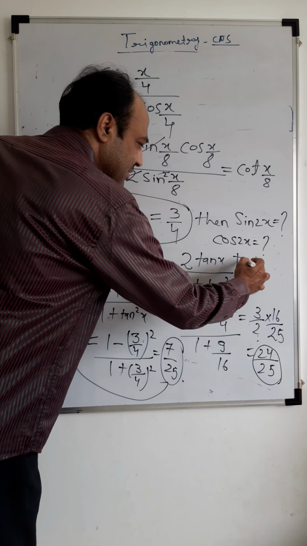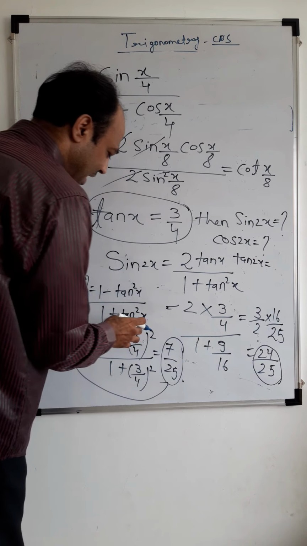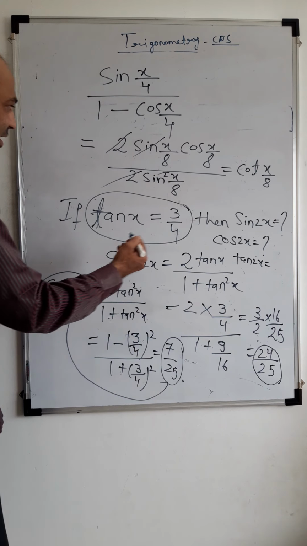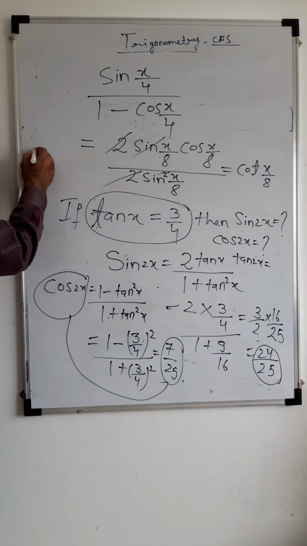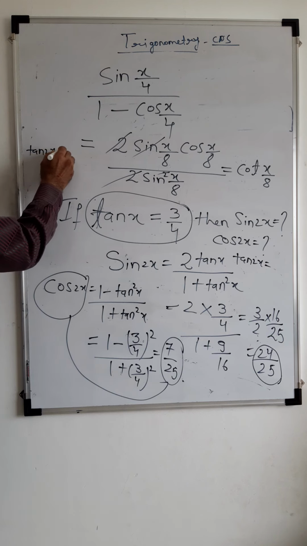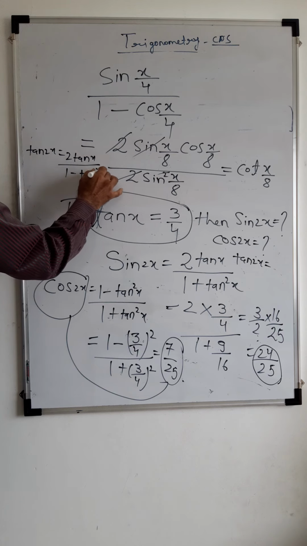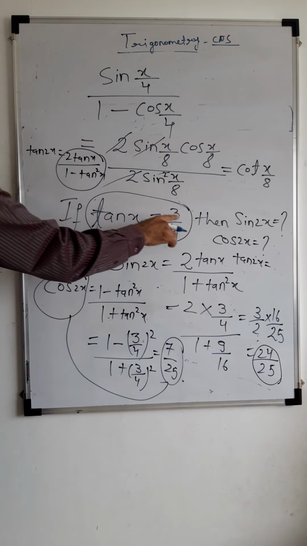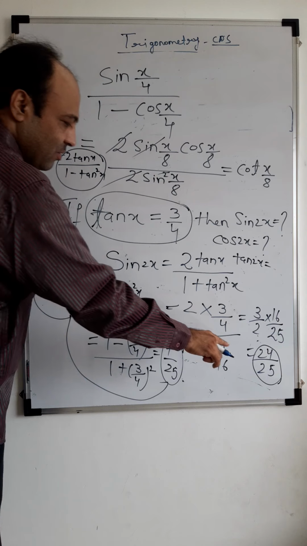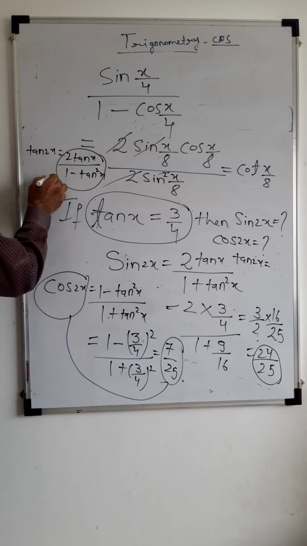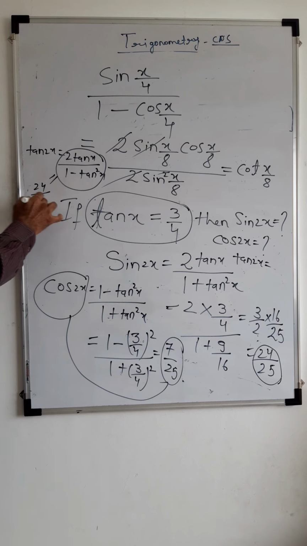Let's say tan 2x. So once you have sin 2x and cos 2x, you can divide, or you can use the tan 2x formula. Tan 2x we know. What is that? 2 tan x upon 1 minus tan square x. Now you substitute the value of tan x here and you will get 24/7. Fine here?